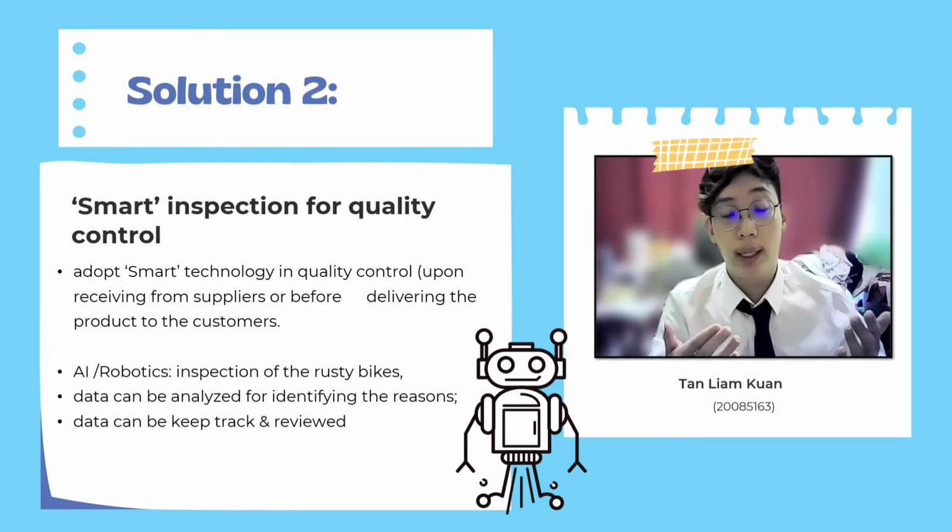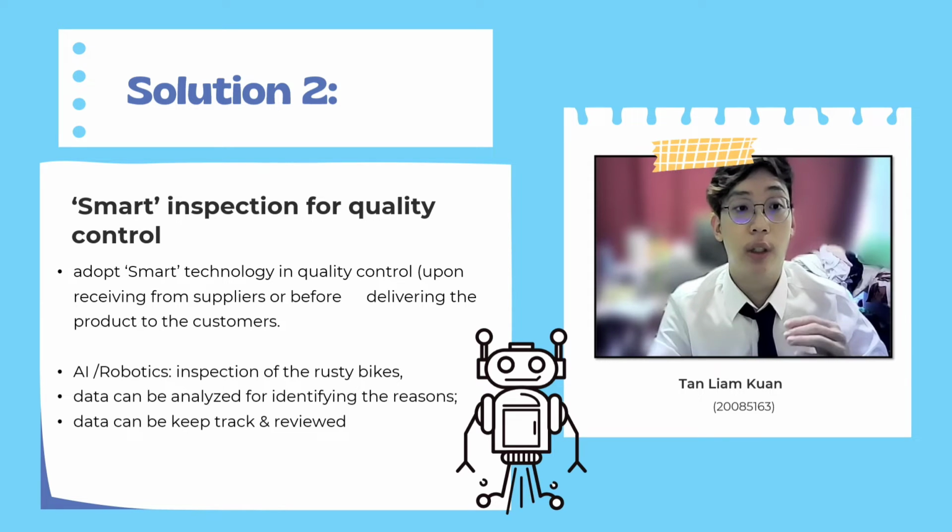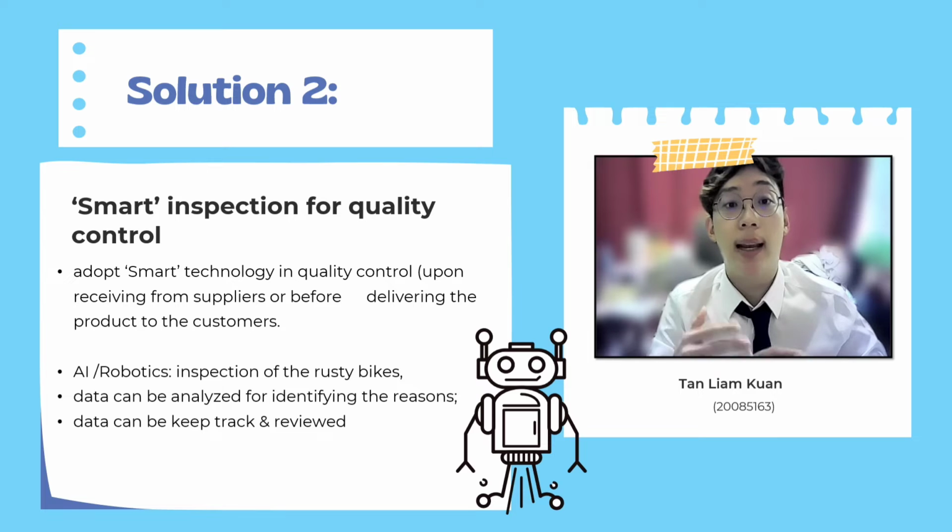AI or robotics can collect, analyze, and process a large volume of production data in a detailed, accurate, and most importantly, fair way without human intervention. The data can be analyzed to determine the causes of rust, and it can be tracked and reviewed for future actions. As a result, it helps in product quality control.